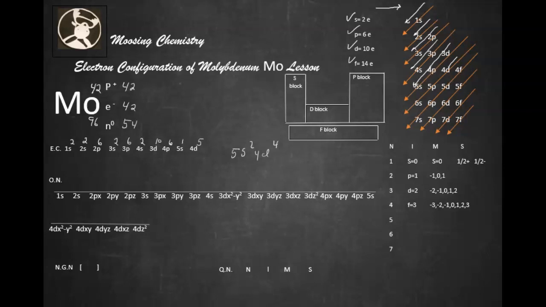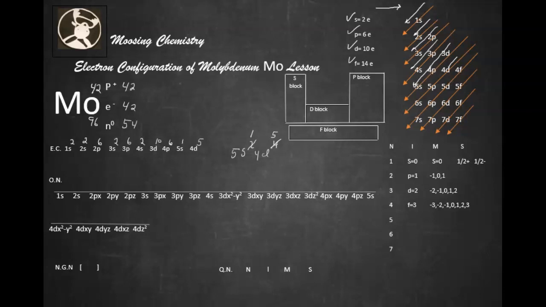Remember that the 5s shell is actually higher than the 4d shell. So we're filling the 5s first because it only has 2 electrons to fill. So what we're going to have to do is take 1 away from the 5s, right? Put a 1 there, and because according to Hund's rule, we've got to finish out the sub-levels first, that's going to give me 5. And that's why. Watch when we do our orbital notation. It'll be much more clear.